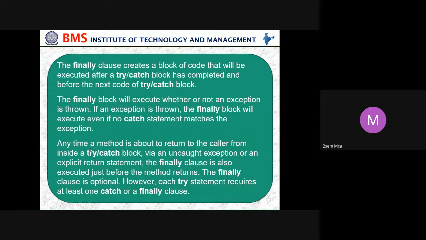Anytime a method is about to return to the caller from inside a try catch block, via an uncaught exception or an explicit return statement, the finally clause is also executed just before the method returns. The finally clause is optional. However, each try statement requires at least one catch or a finally clause.